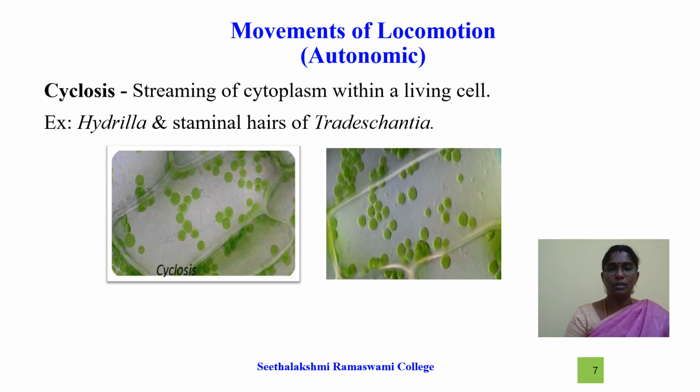That movement is called protoplasmic streaming or cyclosis. There are two types, that is rotation and circulation. In rotation, exhibited by Hydrilla plants, the cytoplasm moves in either clockwise or anti-clockwise rotation. In circulation, exhibited by staminal hairs of Tradescantia, the cytoplasm moves both clockwise and anti-clockwise around many small vacuoles.